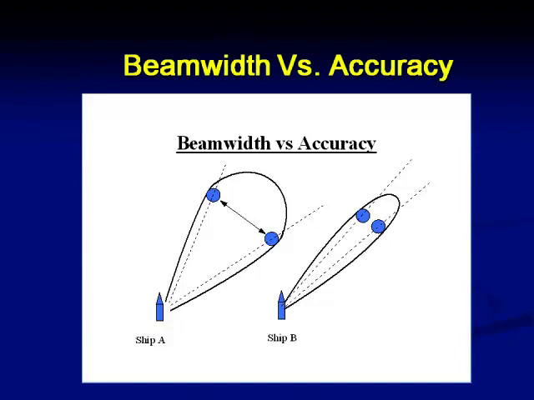So here, if two targets are approaching a ship A from close by directions, and the beam radiated by the ship is very broad, it may not be able to distinguish. Whereas ship B is having a very narrow beam, so though the targets are very close by, you will still be able to distinguish because of the use of these narrow beams.